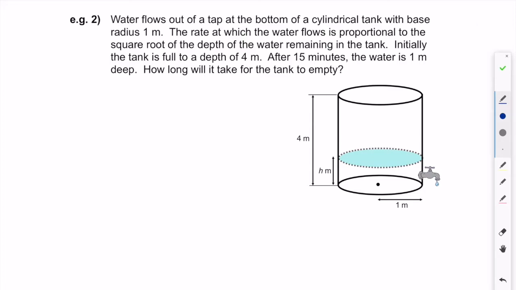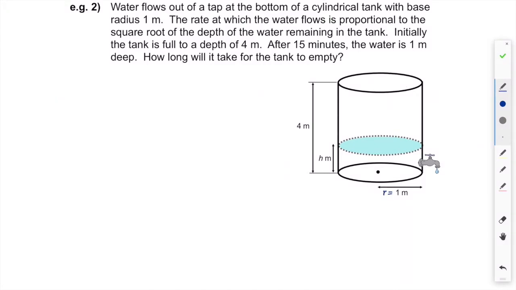So here's a diagram that shows the condition of this water tank when h meters of water is left as the height in the tank, okay? What is the first thing that we can do in this question? Well, it looks like we're given time and height information about water flowing out from this tank.